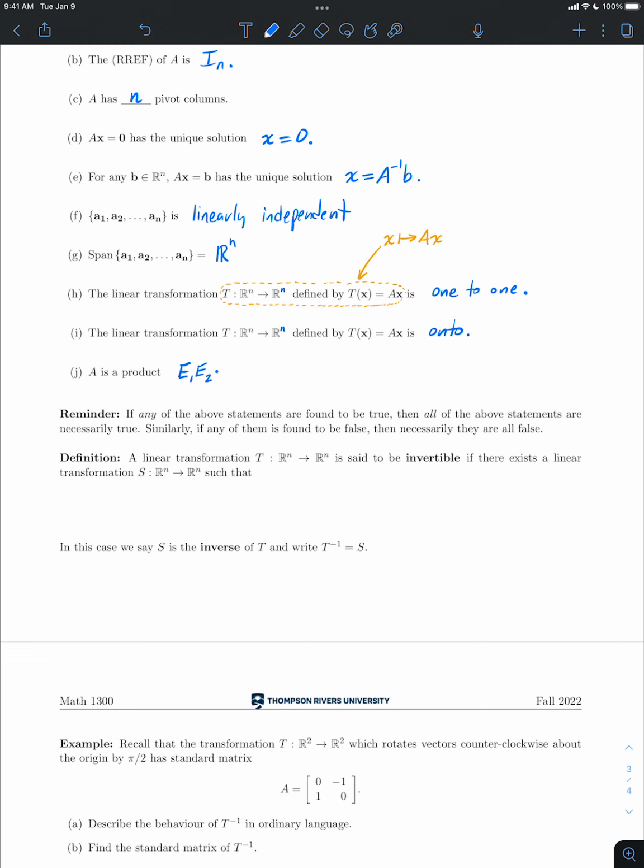So I'm going to say E1, E2, all the way up to EK, where K could be any large integer. So you have some elementary matrices, E1, E2, all the way up to EK, where if you multiply all those elementary matrices, you get A back. So let's say it like that.